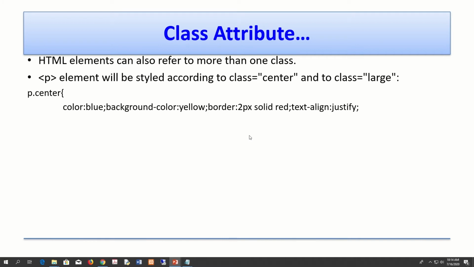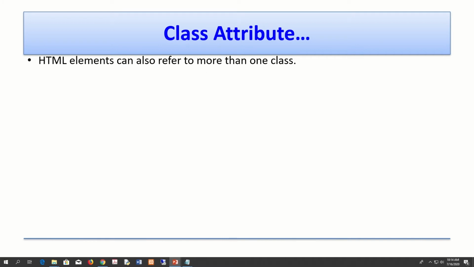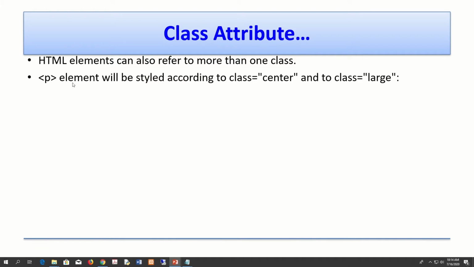So in the class attribute, an HTML element can also refer to more than one class, right? Earlier we used the same class in multiple HTML elements. Now in one particular HTML element, we can refer to more than one class. So the P element will be styled according to the large class.